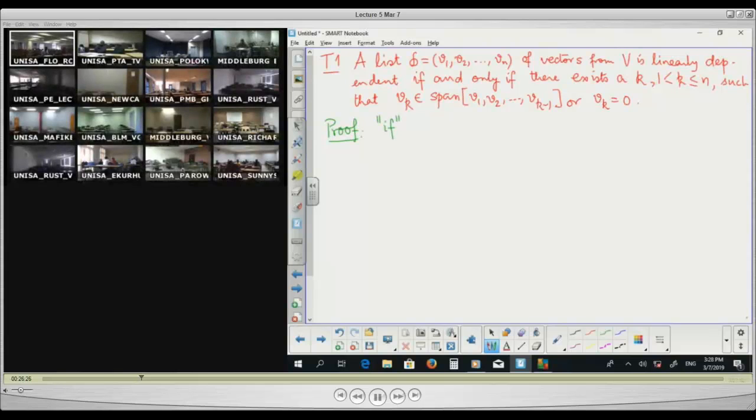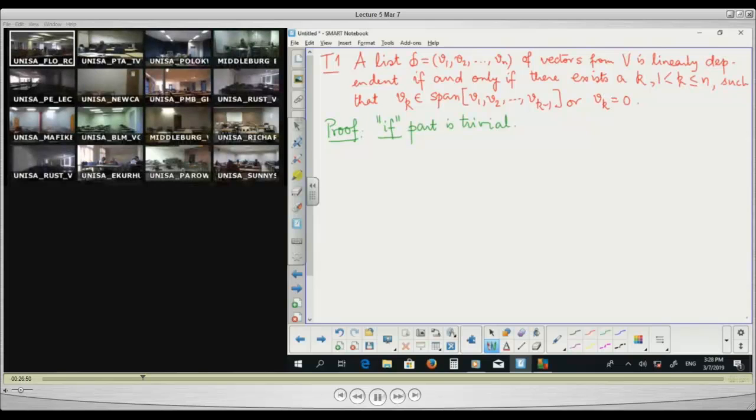Because what does the if part say? It says that either for some k between 1 and n, Vk is 0 or Vk is a linear combination of the ones before.